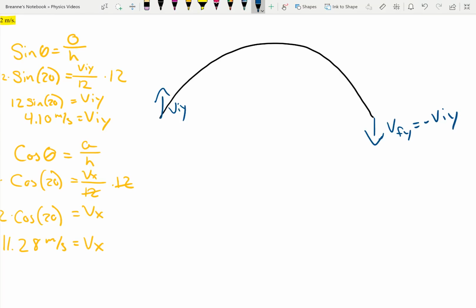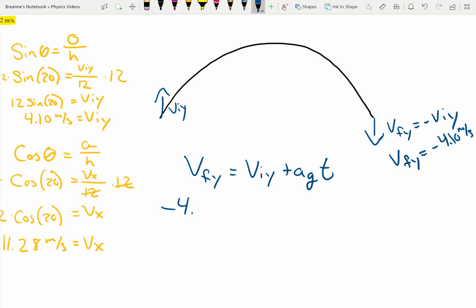So if our initial velocity is 4.1, that means our final velocity is going to be negative 4.1 meters per second. And that being said, that means we can use VFY equals VIY plus AGT. Because we know our final velocity, which is the negative version of our initial velocity, and we know that acceleration due to gravity is negative 9.8.